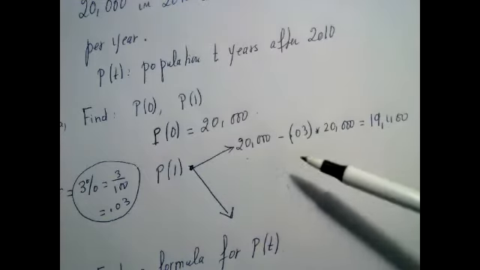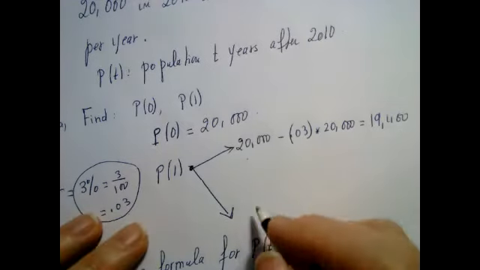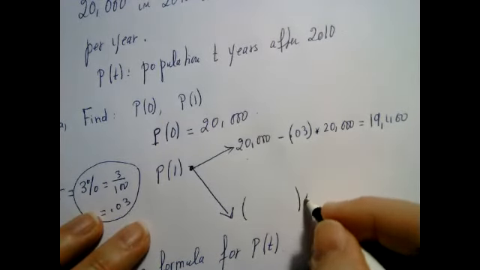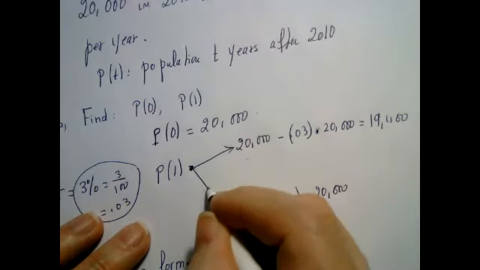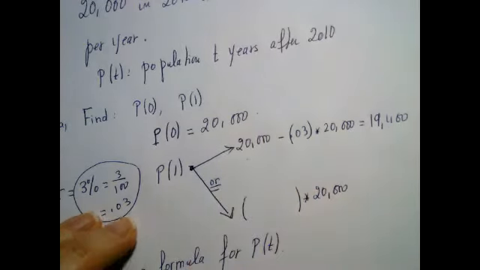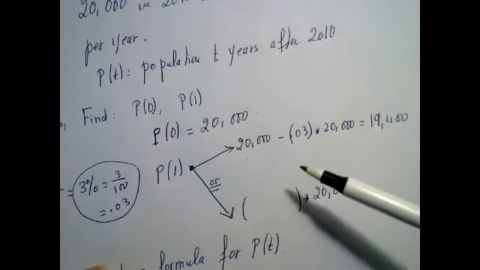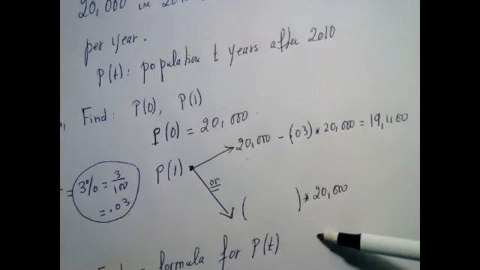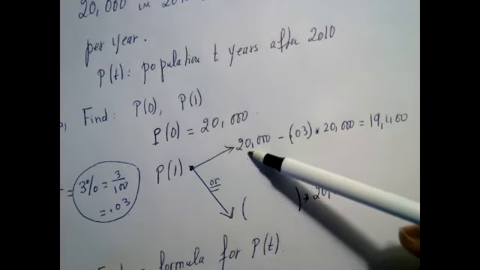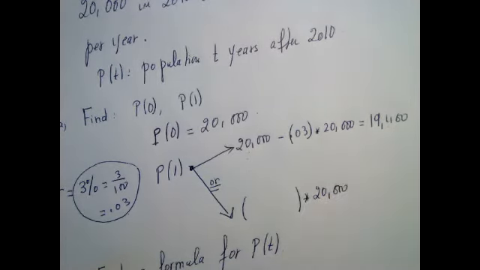So what's the population over 1 year? And my question is, what percent of the population remain after 1 year? So 97%, absolutely correct. Because what's happening after 1 year? The population is 20,000, it lost 3%. So what's actually remaining is 97% of what it is.